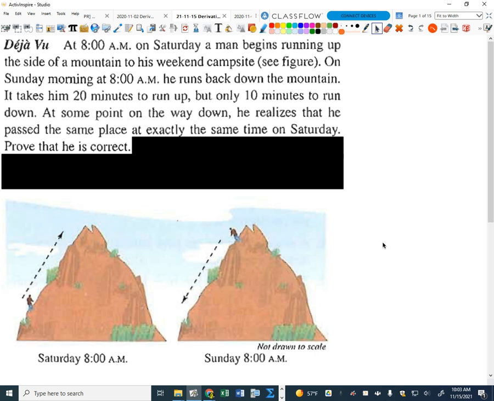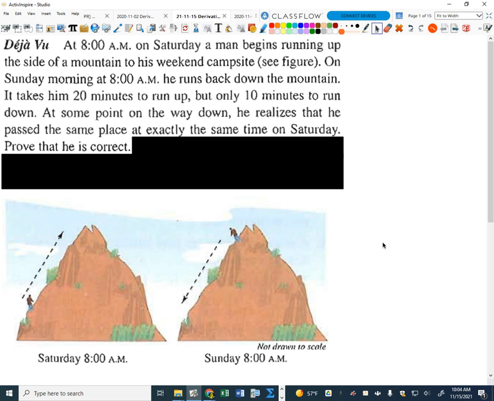One of them is he's just representing himself on both days, squeezing that into one day. If he leaves here at 8 a.m. and gets to the top 20 minutes later, this guy leaves at 8 a.m. and gets down there 10 minutes later, wouldn't they obviously have to pass by each other at some point, right? If that's true, then the fact that they're separated by a day doesn't really matter, does it? Because you're looking at your time on a watch. So there's maybe a logical way to look at it.